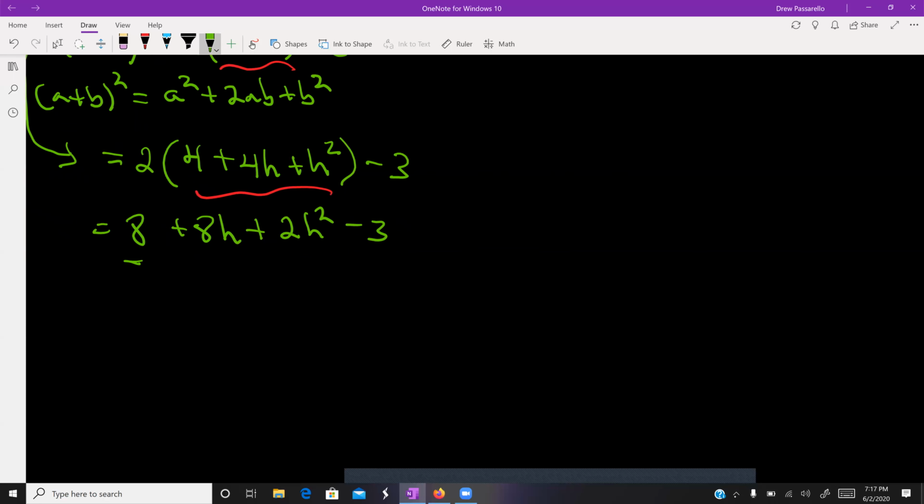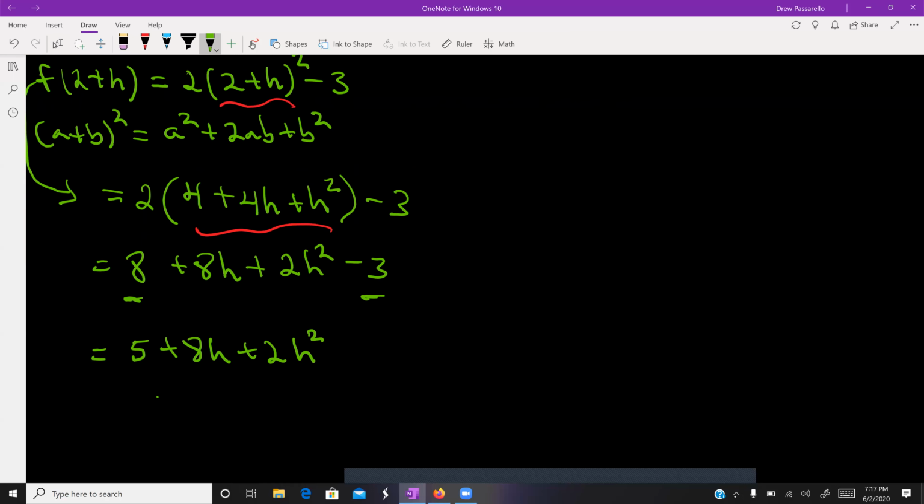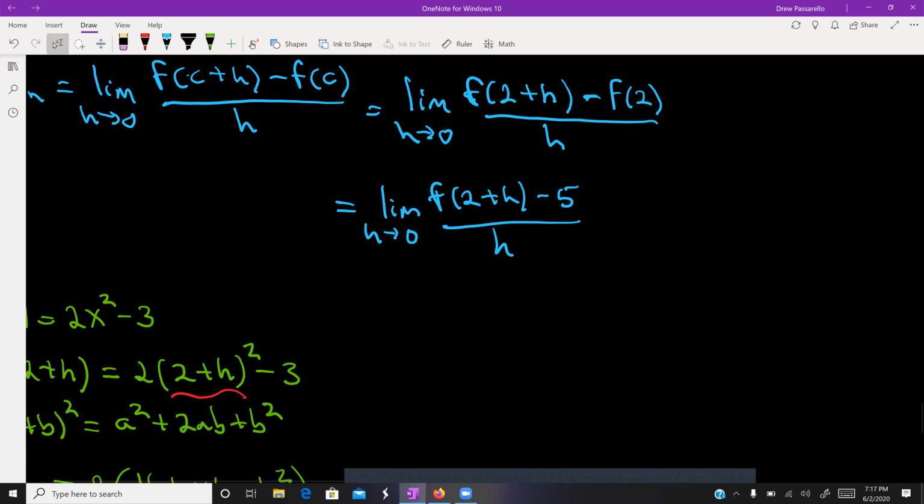I can combine 8 minus 3, that's 5. And that's the furthest I can go with the simplification. So I'm going to circle this: 5 plus 8h plus 2h squared. That's what that portion became.